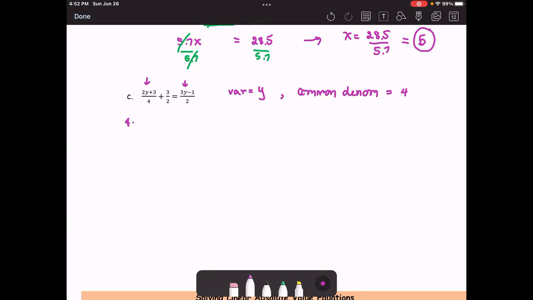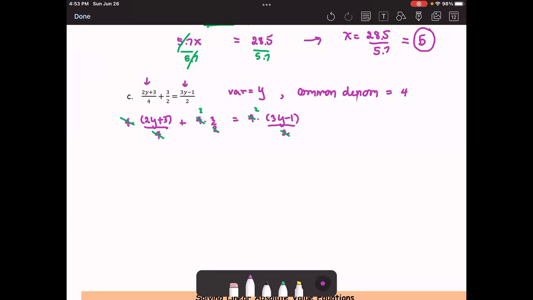So 4 multiplied by the quantity 2y plus 3 divided by 4, plus 4 times 3 over 2, equals 4 multiplied by the quantity 3y minus 1 divided by 2, and then simplify it. You see 4 and 4 reduce, 4 and 2 reduce, we leave 2 as the result here, 2 and 4 reduce, to leave 2 there as a reduced factor.